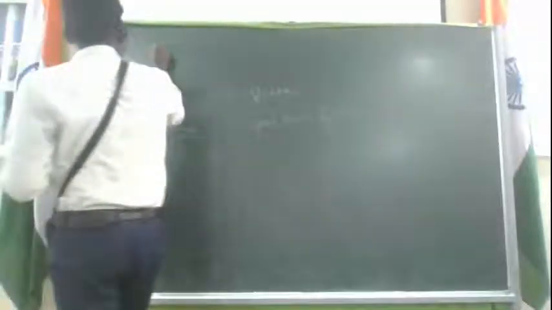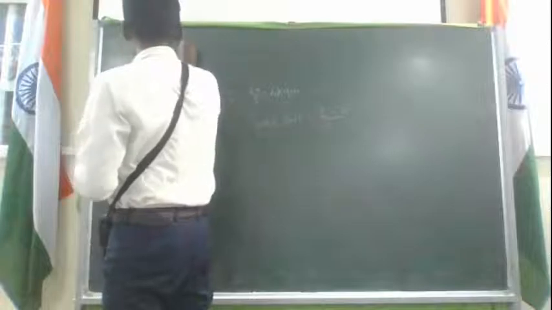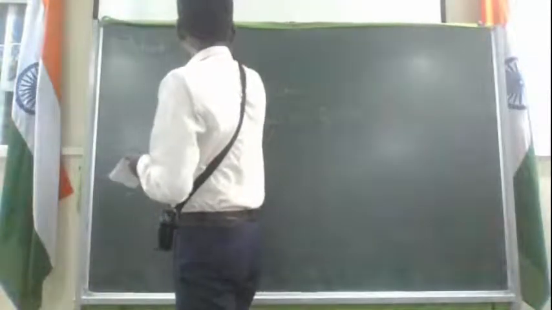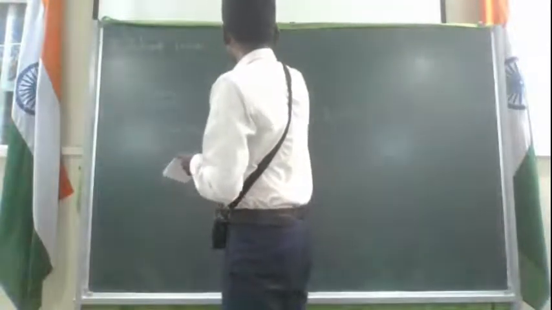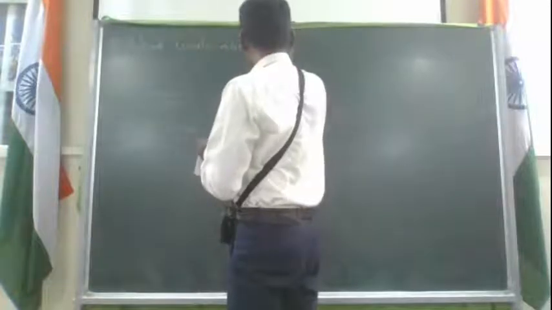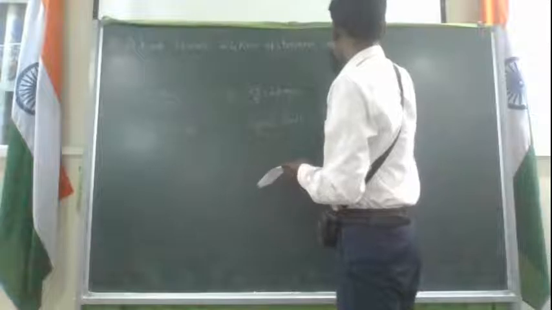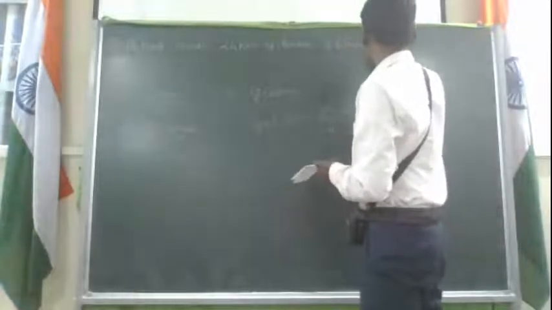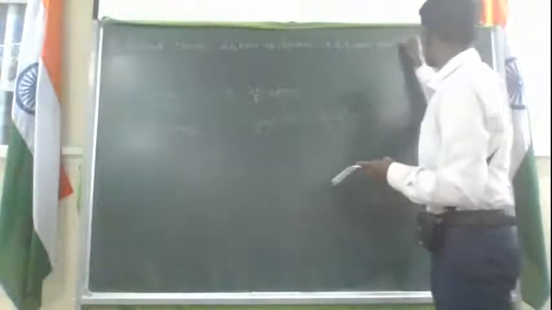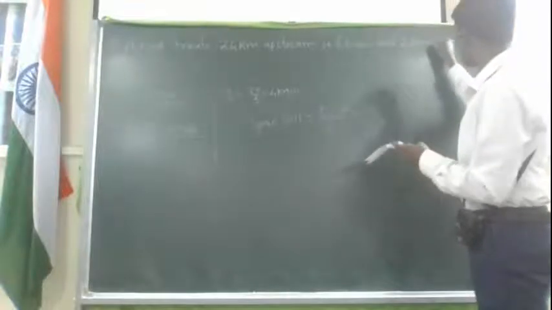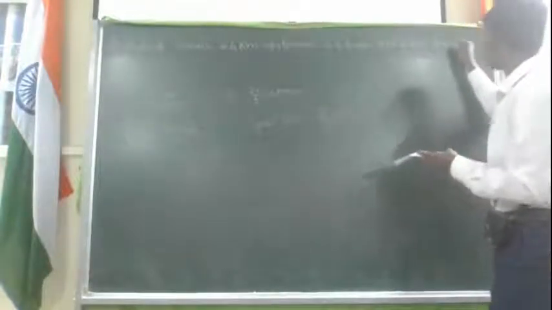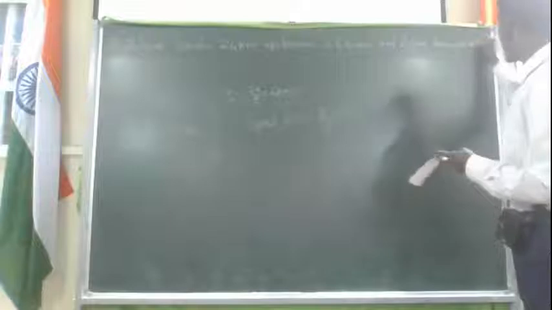Next question. A boat travels 24 kilometers upstream in 6 hours and 20 kilometers downstream in 4 hours.